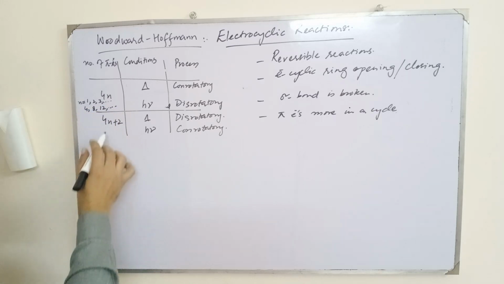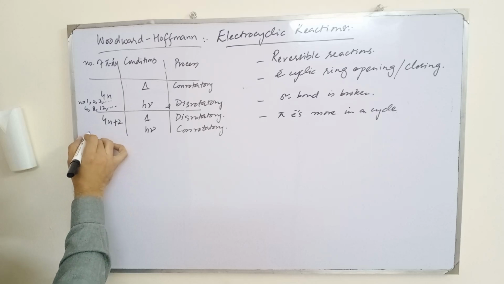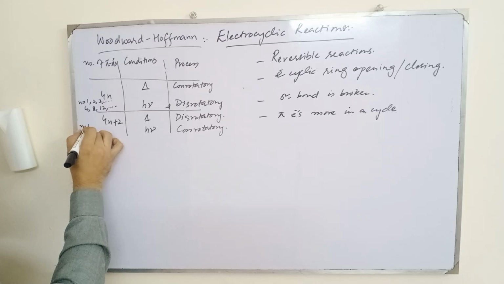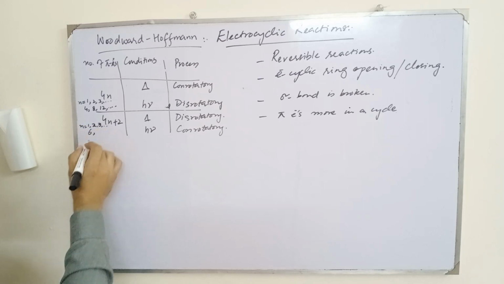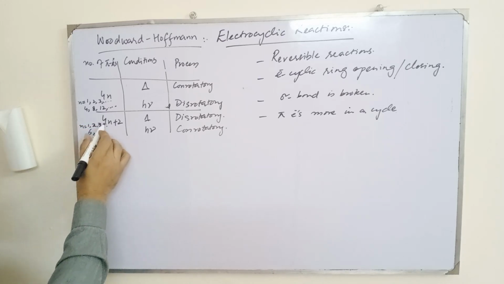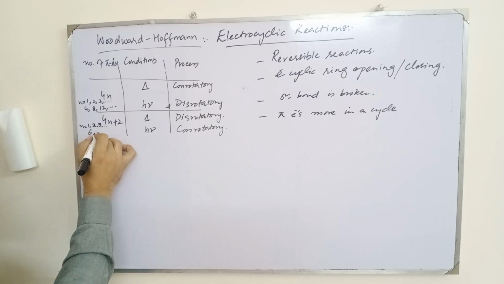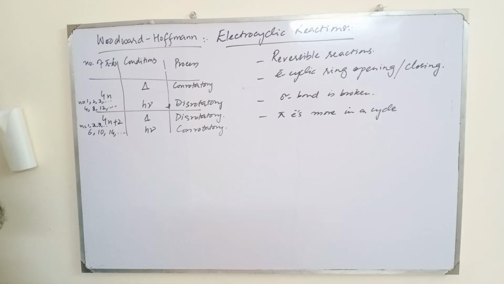For the other case, n would be 1, 2, 3 and onwards, and when n is 1, we will have 6, that is 4 plus 2, and then 10, 14 and onwards.